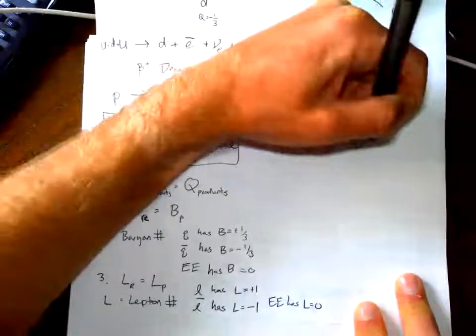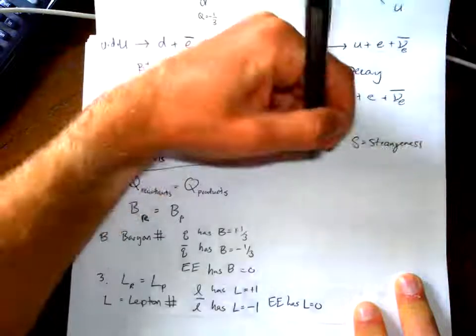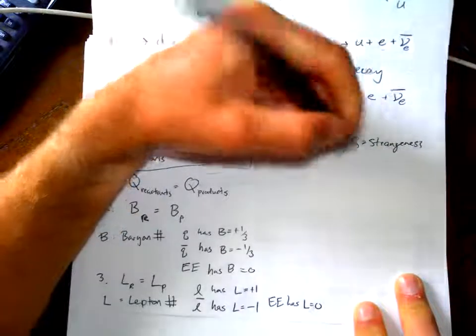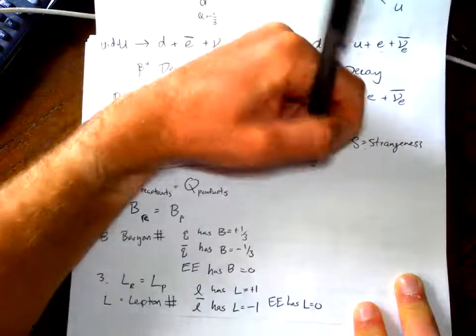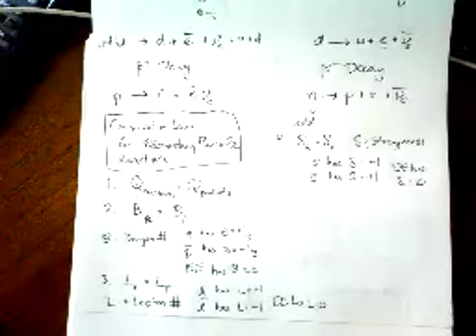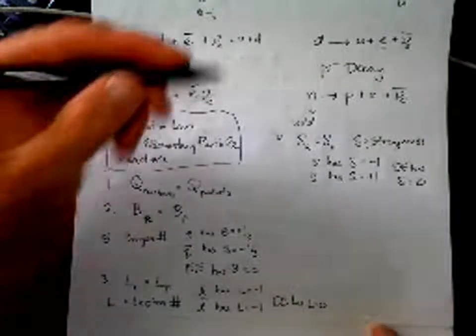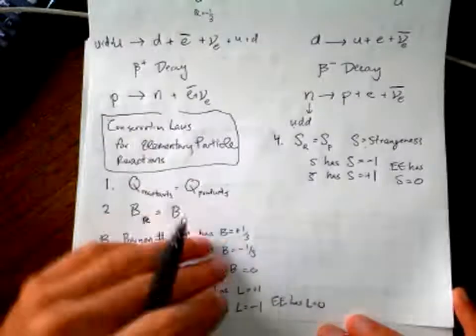S equals strangeness, and the strange quark has a strangeness of -1. Let me give you an example. We'll do two quick examples and then I'll be done.